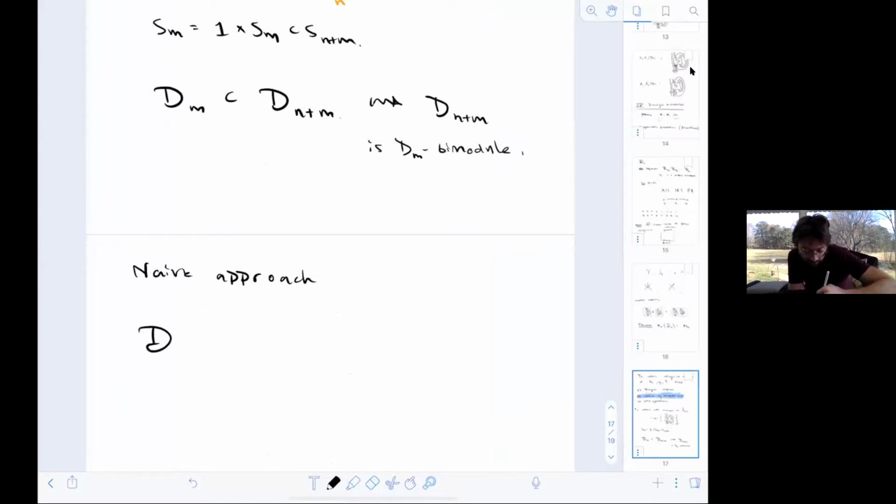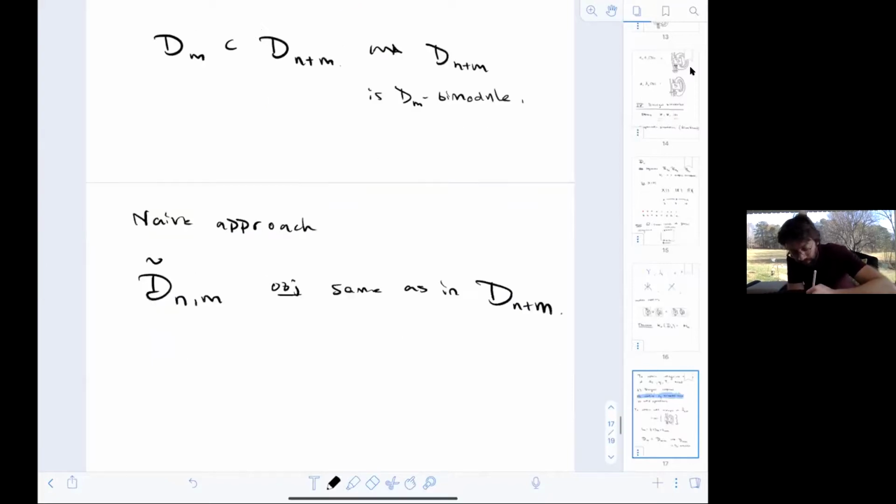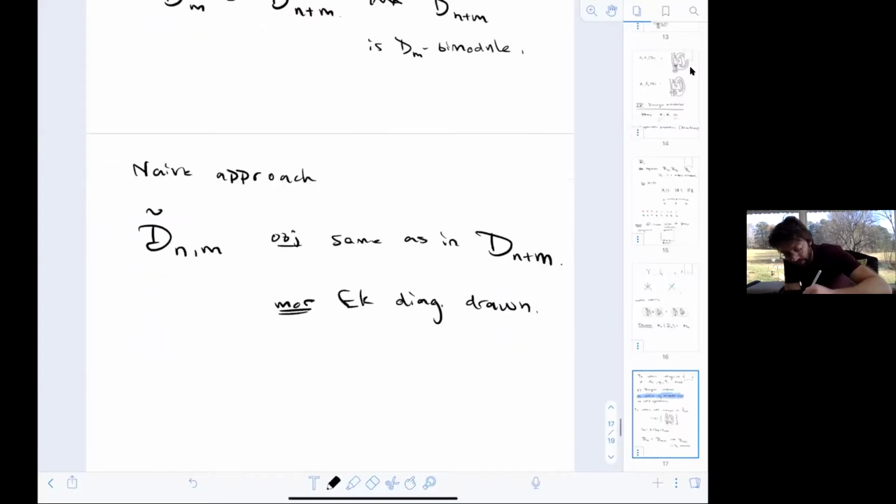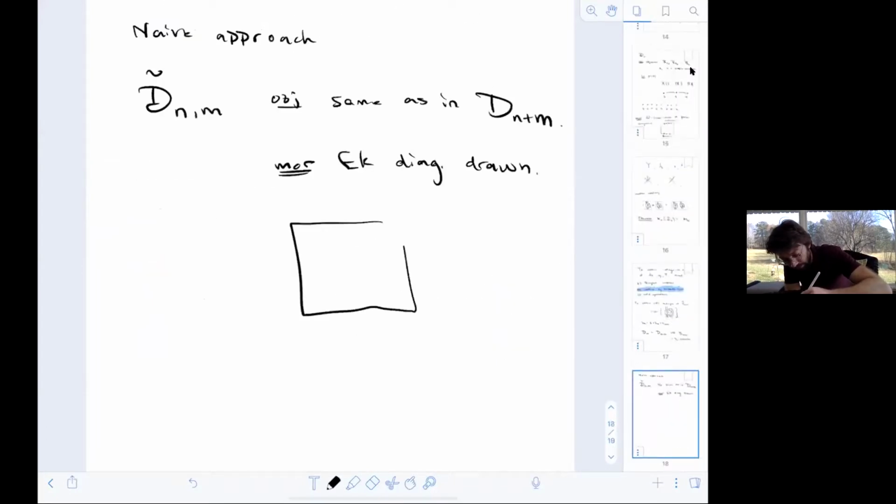Maybe for now I'll just call it D tilde N M. This is the category with the same objects as D N plus M, but the morphisms will be Elias-Khovanov diagrams drawn in the cylinder, so the rectangle with edge identification.